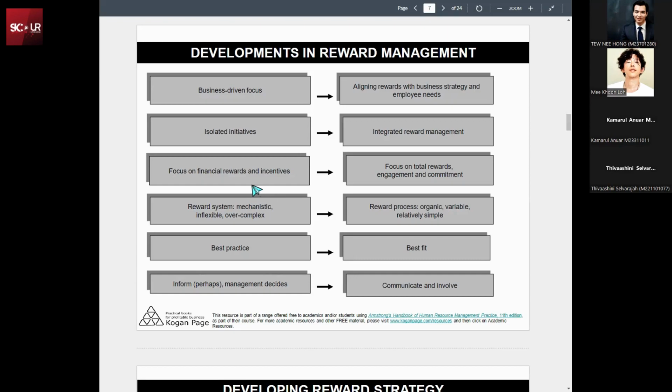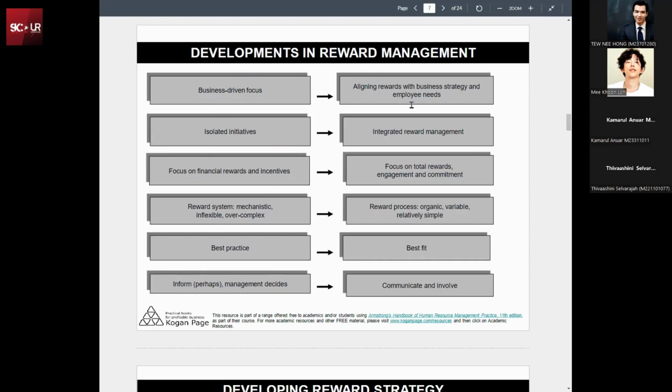Focus on financial reward only, and the incentive reward system, mechanism, is inflexible and overcomplex, until the employee also doesn't understand, which is bad practice, not the employee's fault. Maybe it goes to the best practice in the organization, and it's only informed and decided by the management. This is the old process. This is the old system.